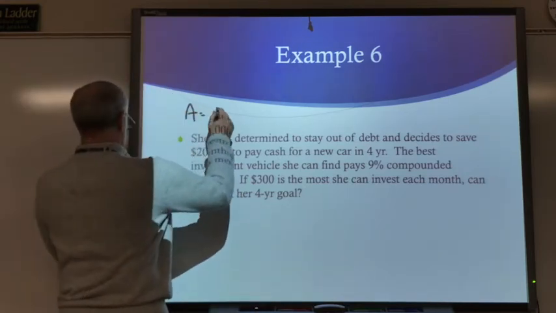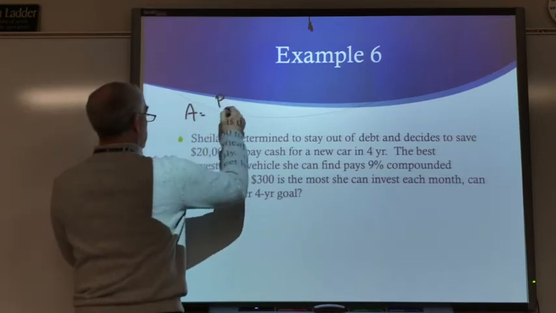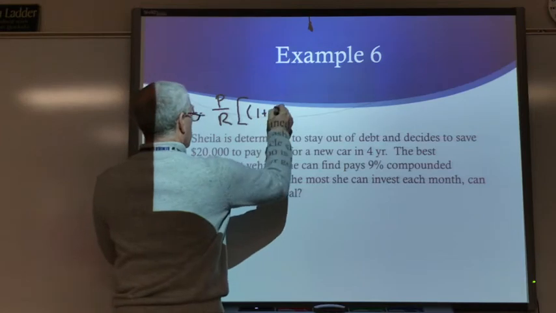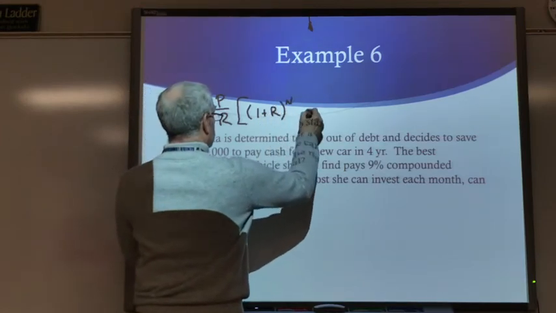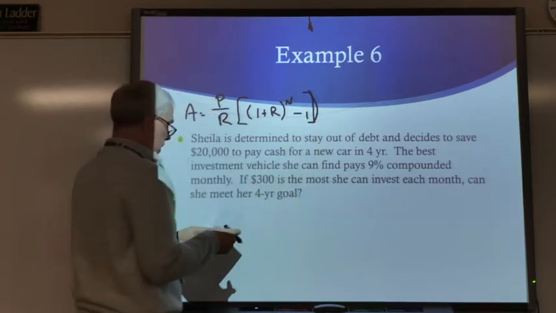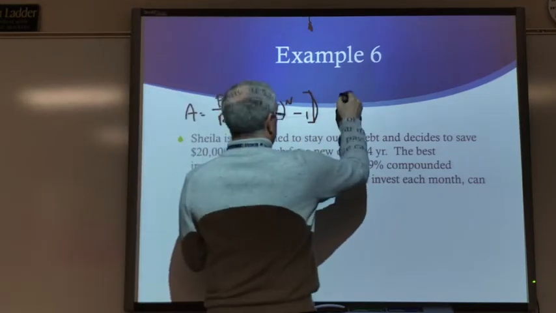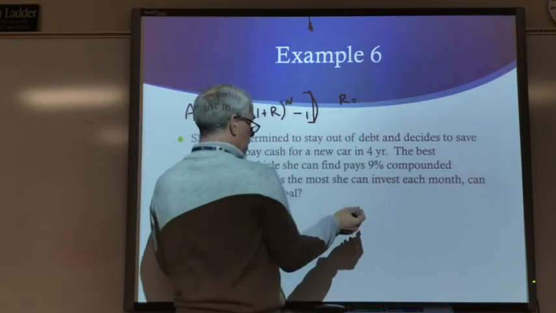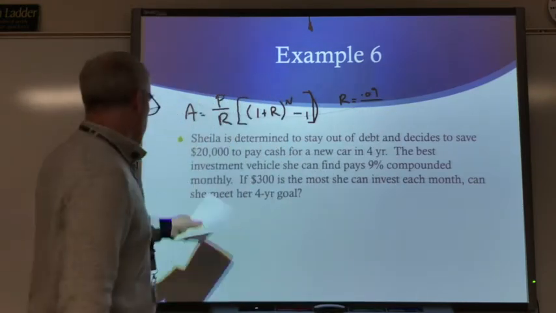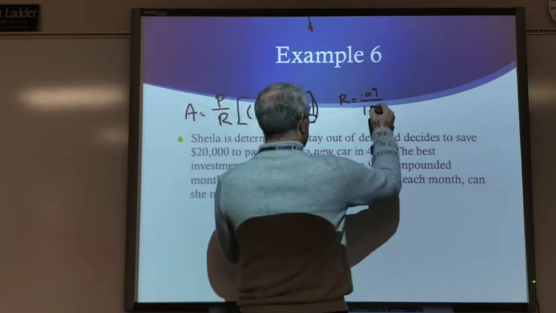Okay? So that's that P over R, 1 plus R to the N minus 1. In this scenario, our interest rate's 9%, and N compounded monthly is still 12.